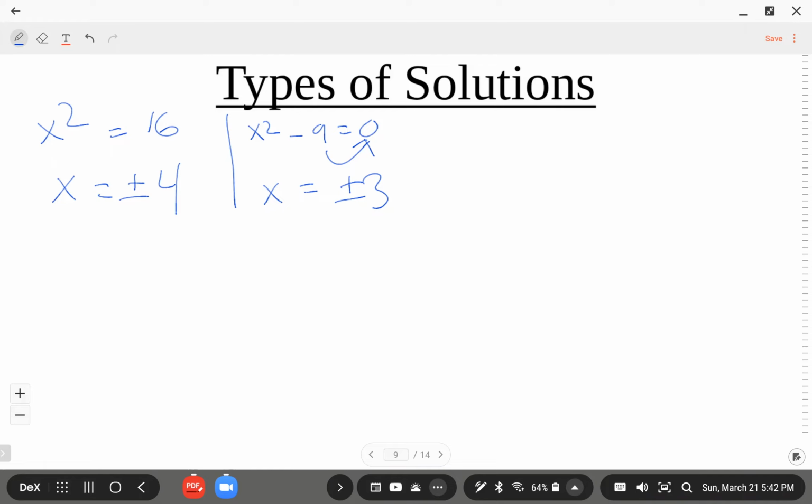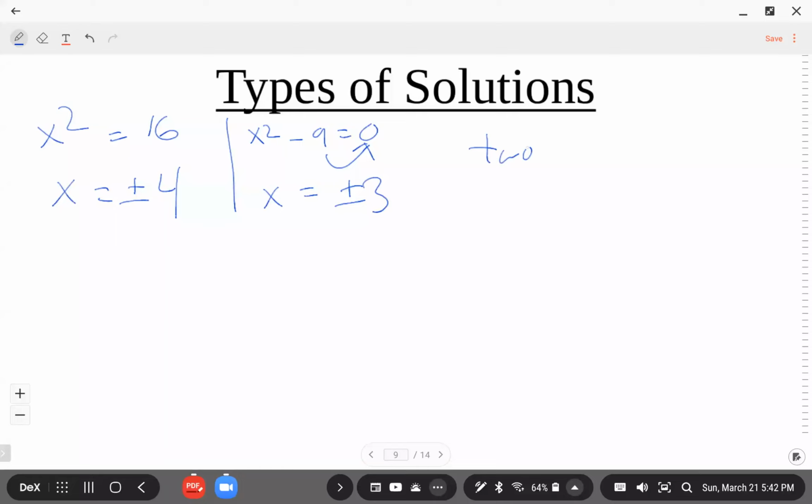As you can see, most of these quadratics have 2 equations.